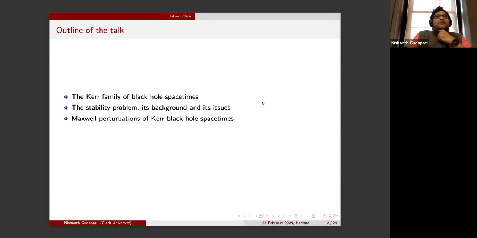So I said when we talk about the stability problem, we perturb the Kerr black hole space-times slightly within the class of the Einstein equations, but an interesting and actually a popular intermediate problem is the question of Maxwell perturbations, because there are quite a few similarities between the Einstein perturbations and the Maxwell perturbations.